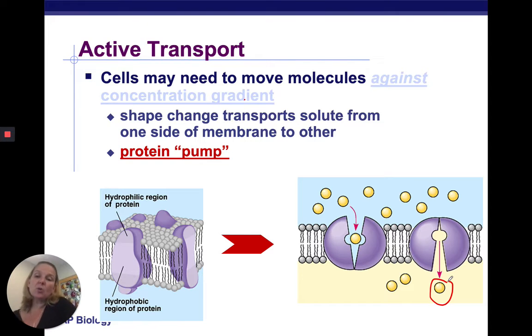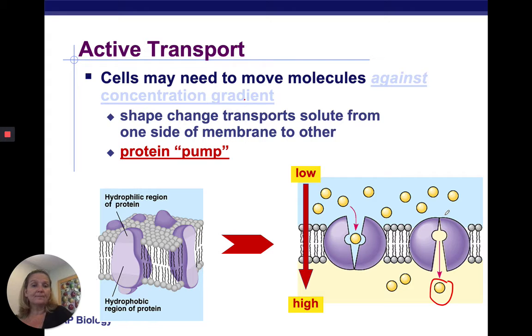If you see the words that it's a something pump in terms of membrane transport, that means it is active transport. Anything that's a pump takes energy, the same way a real pump would take energy. The energy is in the form of ATP.